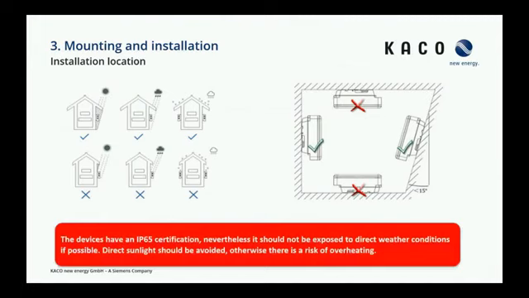Generally, the devices have an IP65 certification, but nevertheless, we should not expose the inverters to direct weather conditions if possible. Especially sunlight should be avoided because we have a risk of overheating in this case.